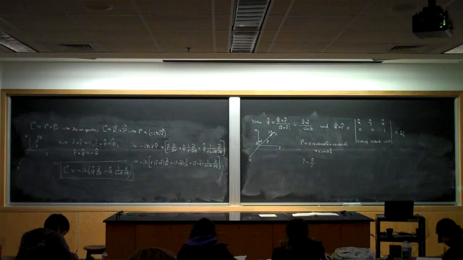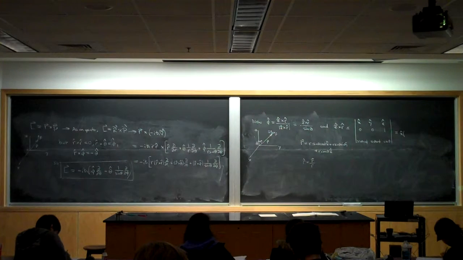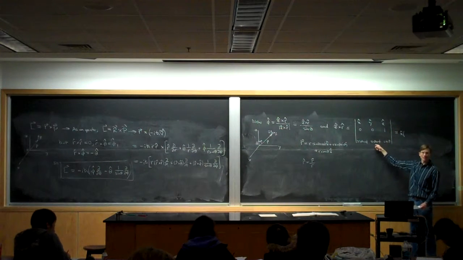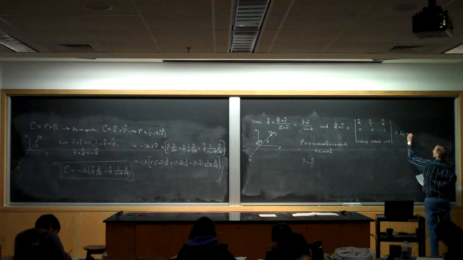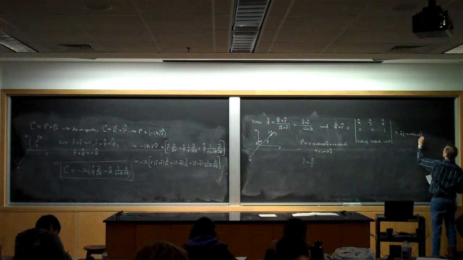So what do I get for the x component of the cross product? Almost. I have a minus sign there because I have to do 0 times cos theta minus 1 times sine theta sine phi. So I get x hat times minus sine theta sine phi.